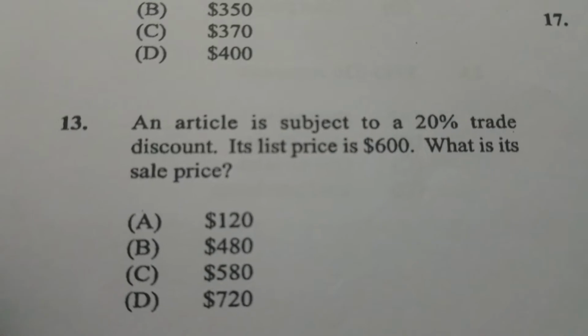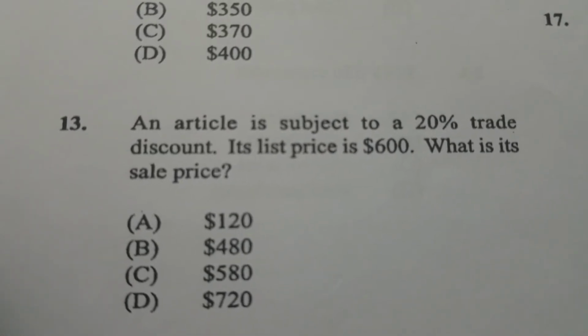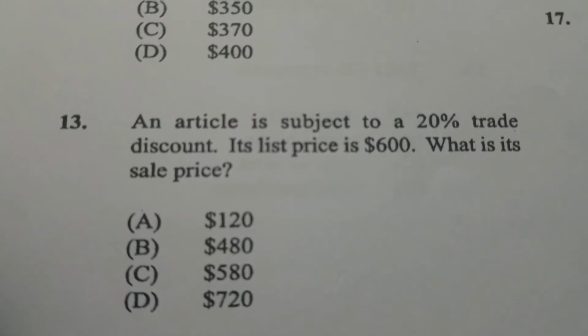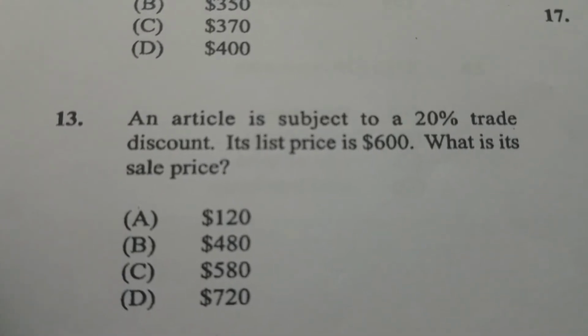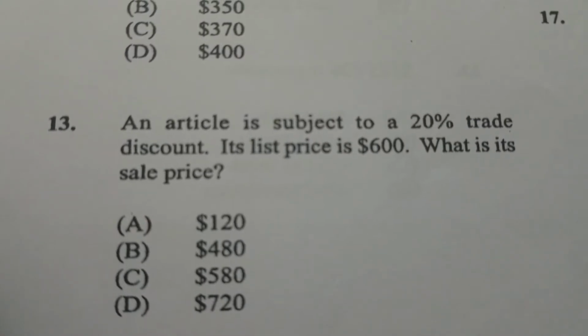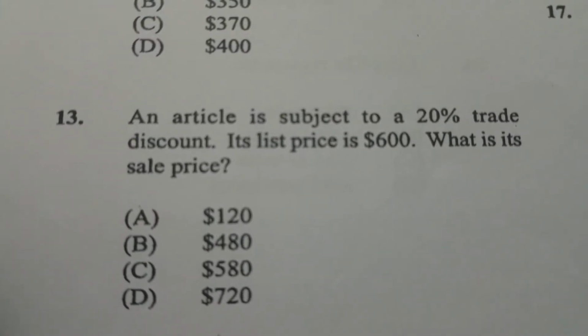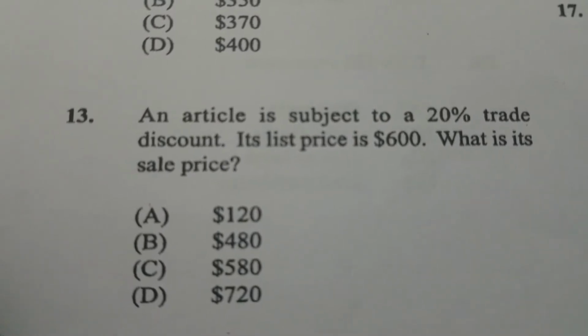That is B. How do we get that? 20% of $600 would be $120. We will subtract the 120 from the 600, and the difference is going to be 480. So B is the appropriate answer.